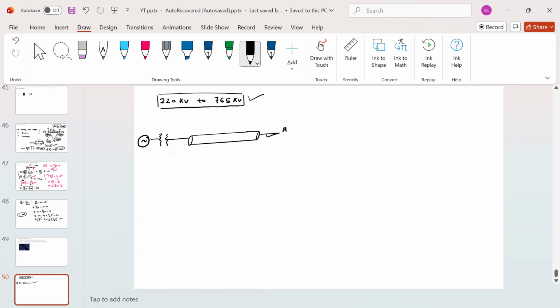In three phase, you will be having phase A, phase B, phase C. Just take one phase, and this phase voltage with respect to neutral, let's say it is VAN. This is the per phase voltage. Now we have something called critical disruptive voltage. What does critical disruptive voltage mean? It is the minimum line to neutral voltage, or minimum phase voltage, that is required to ionize the air located in the vicinity of the conductors.